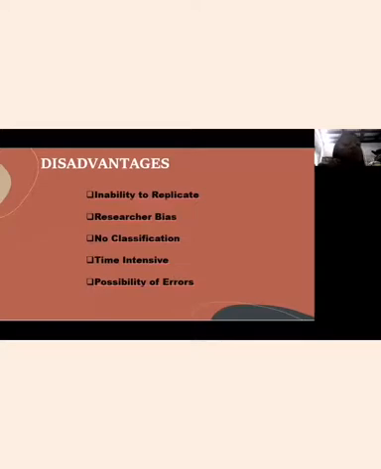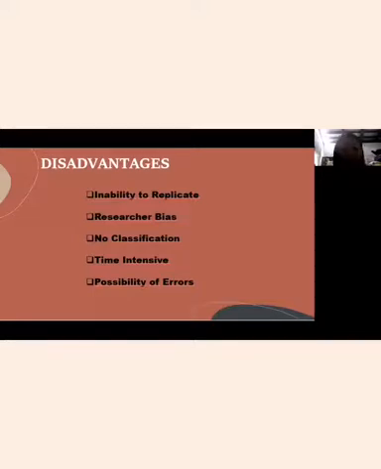Now that we have learned a lot of advantages, what about the disadvantages? The first one is the inability to replicate. This information cannot be corroborated because only one person values this information. Next is researcher bias, which concerns the way the data is interpreted.